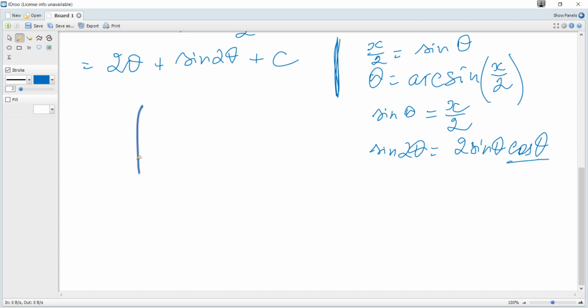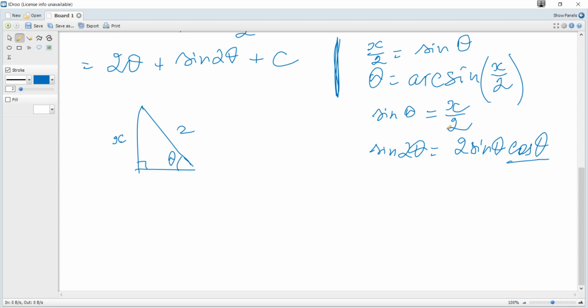or we can use this technique with a right angle triangle. So if sine of some angle, let this angle be theta, is x over 2, sine is the ratio opposite over hypotenuse. So we can consider this side to be x over 2, hypotenuse 1, or it will be more useful for it to be x and the hypotenuse to be 2. We need the ratio to be x over 2.